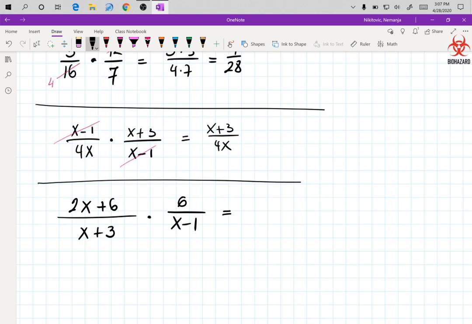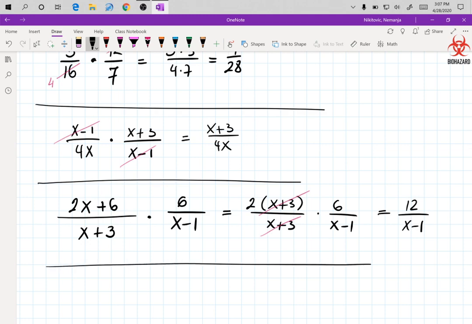If you are able to cancel, you cancel and then multiply whatever is left over. So this problem is going to be 2x plus 6 over x plus 3 times 6 over x minus 1. These cancel because they are the same, and we just get 12 over x minus 1. Every problem is the same.